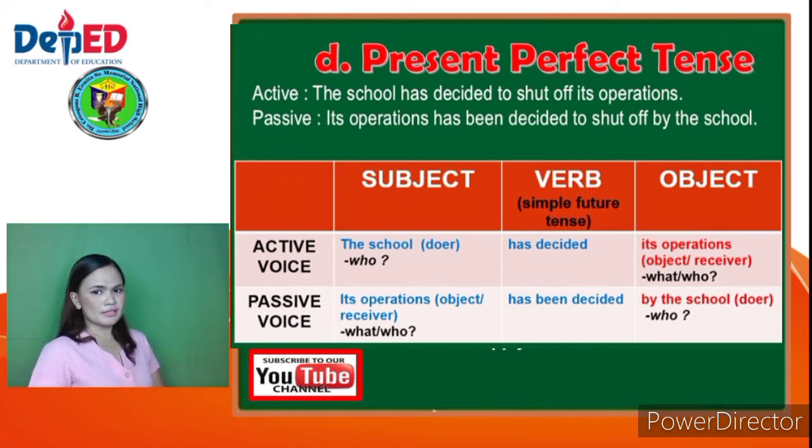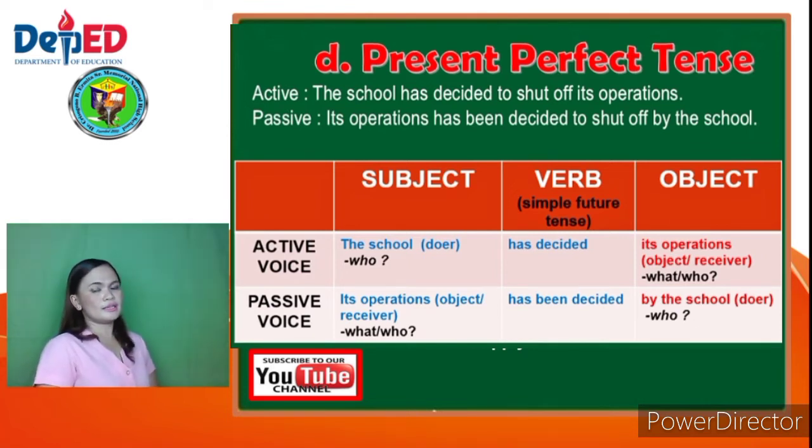In active voice, the verb has decided is in the present perfect tense, because it uses has plus past participle of the verb decide. Have can also be used as an auxiliary verb if the subject is plural. But since the subject, the school, is singular, has is used.